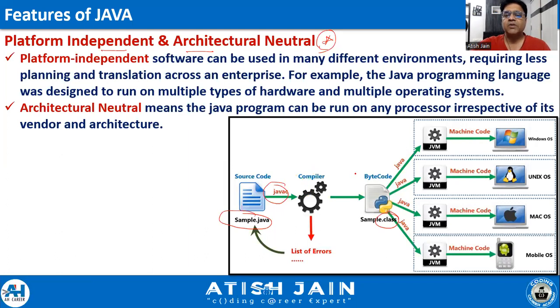Means the Java Virtual Machine of Windows is different from the Java Virtual Machine of Unix. And the Unix virtual machine is different from Mac, and the Java Virtual Machine which is running on mobile devices is different. Means Sun Microsystems company has developed different virtual machines for different platforms and different operating systems.